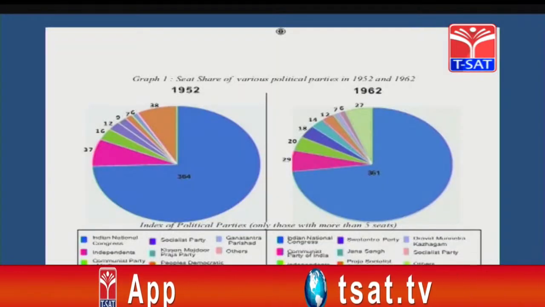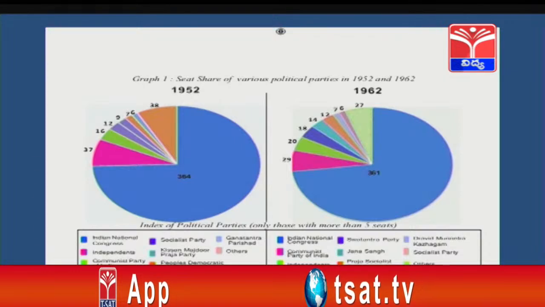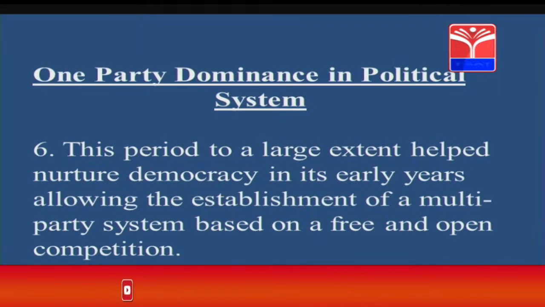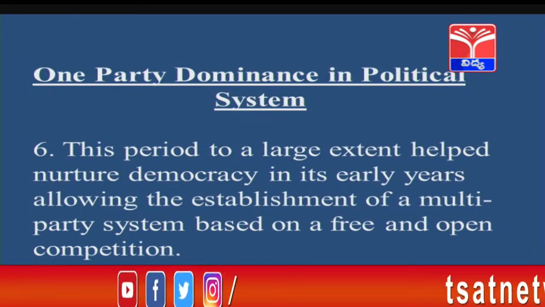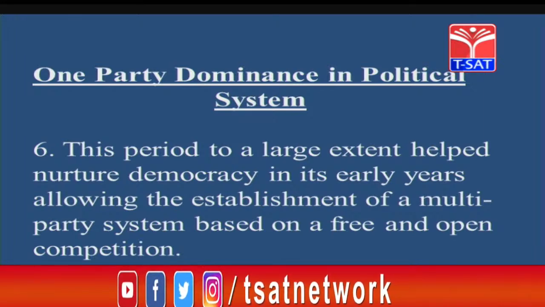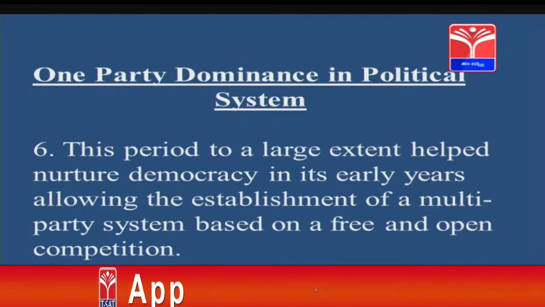Let us see this in the form of a pie chart or a pie graph. This period to a large extent helped nurture democracy in its early years, allowing the establishment of a multi-party system based on free and open competition.